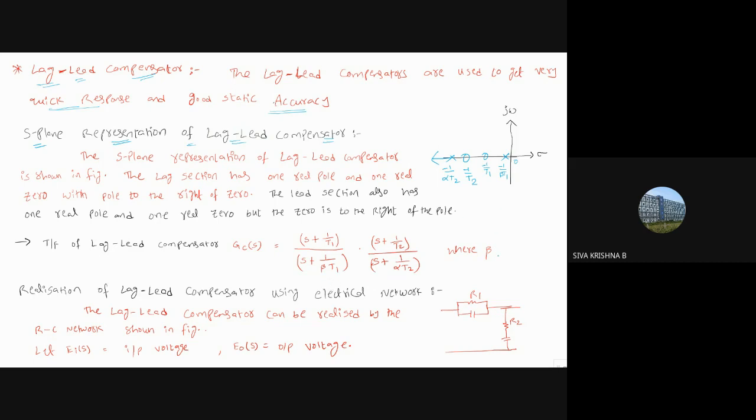And here beta is always greater than 1, and what about alpha? It lies between. This is the electrical network. This is the lag lead compensator. So complete up to here and tell me.